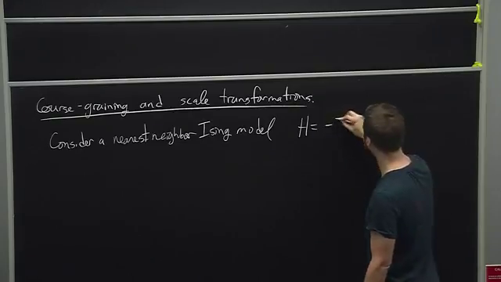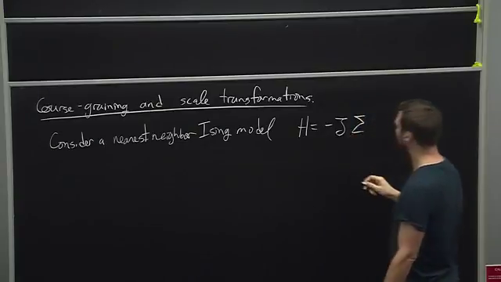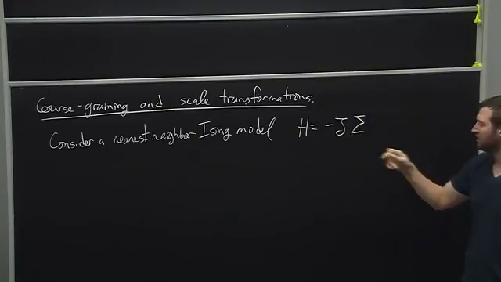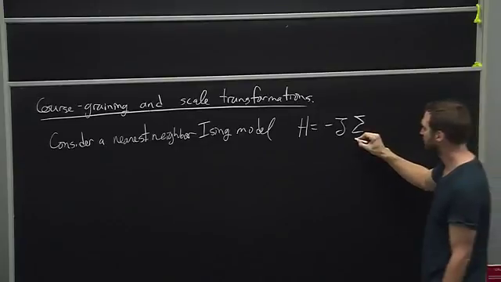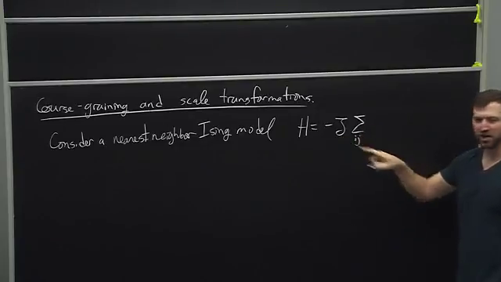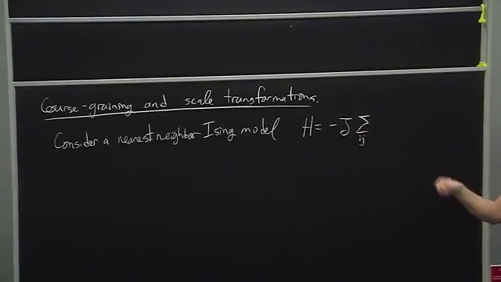I'll use J. I have a sum over, so I usually have an ij here, and I've defined J_ij as being a matrix of interactions.